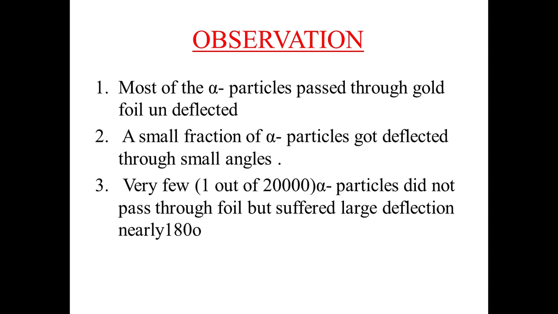Some of the alpha particles show a little deviation through small angles, but the very basic and very important observation is that a very few, about 1 out of 20,000 alpha particles, is returned back to its original path by an angle of 180 degrees, not 1800, 180 degrees.